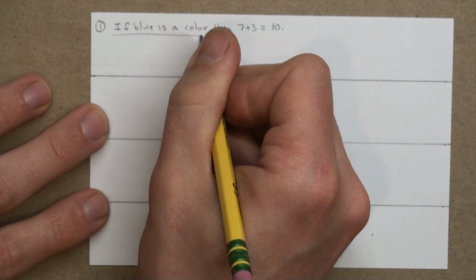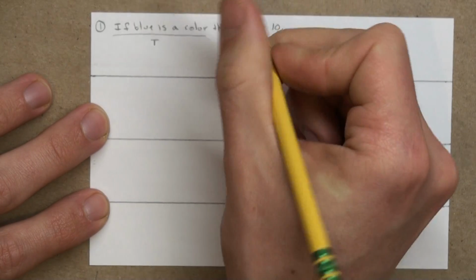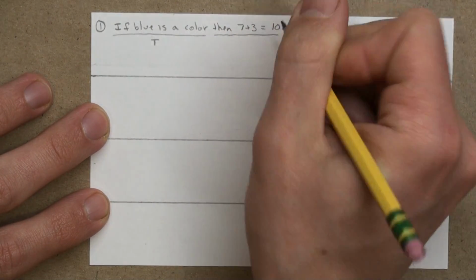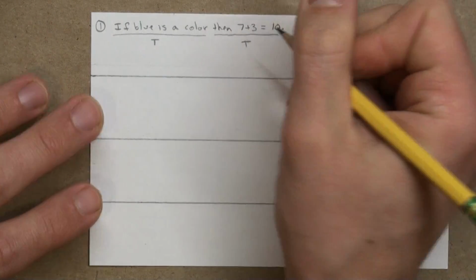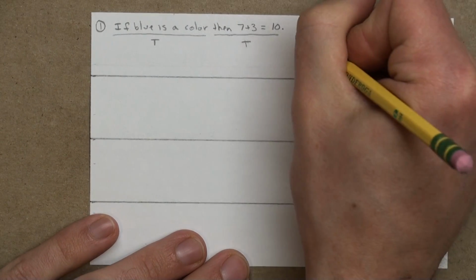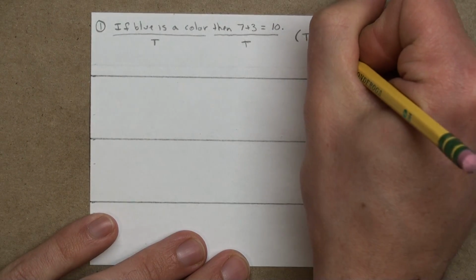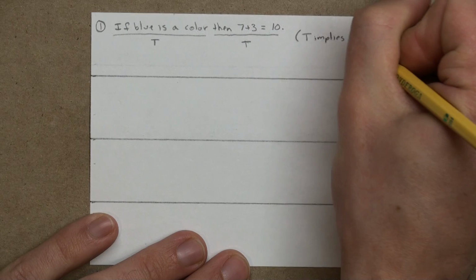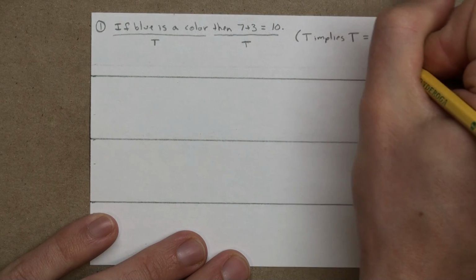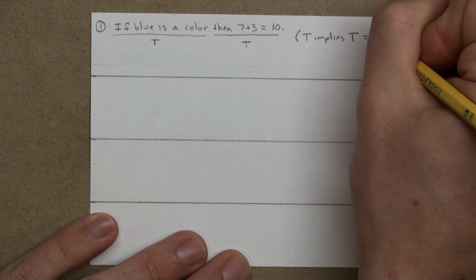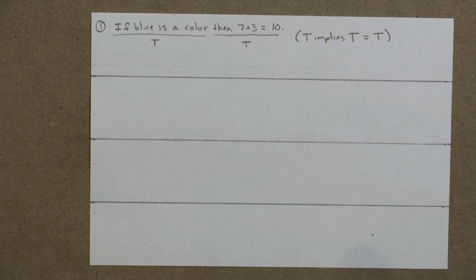The first part is true, and the second part is true. So when T implies T, it's true. Okay?